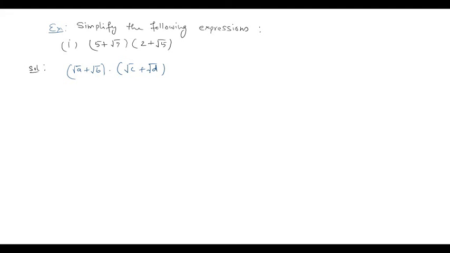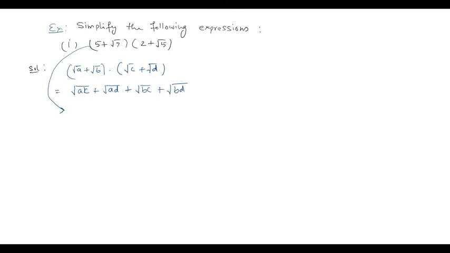So what will we get? We will get square root of ac plus square root of ad plus square root of bc plus square root of bd. Here a equals 5 squared, b equals 7, c equals 2 squared and d equals 5.